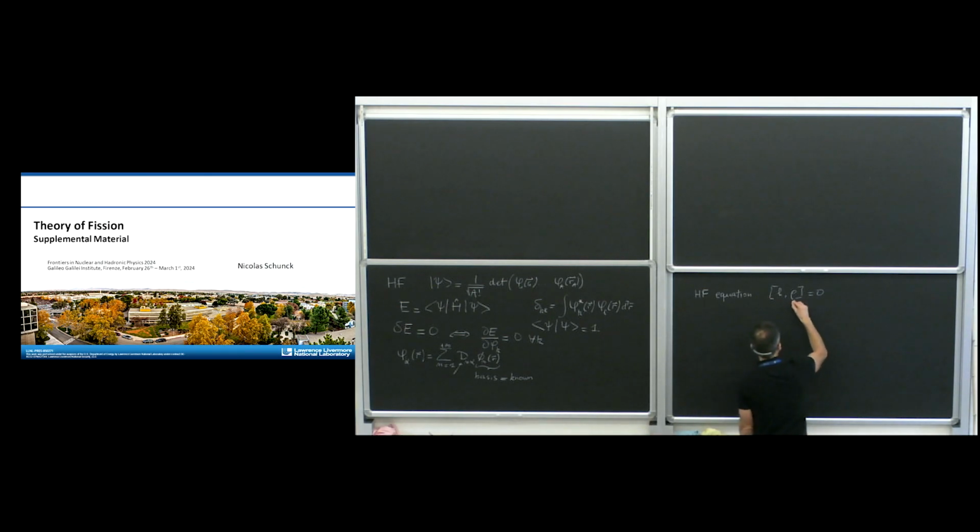This one is the density matrix, and it will be related to the density of particles inside the nucleus. And this one has different names, but typically it would be called the Hartree-Fock mean field. Sometimes it will also be called the Hartree-Fock potential, or self-consistent mean field. These are all similar things.